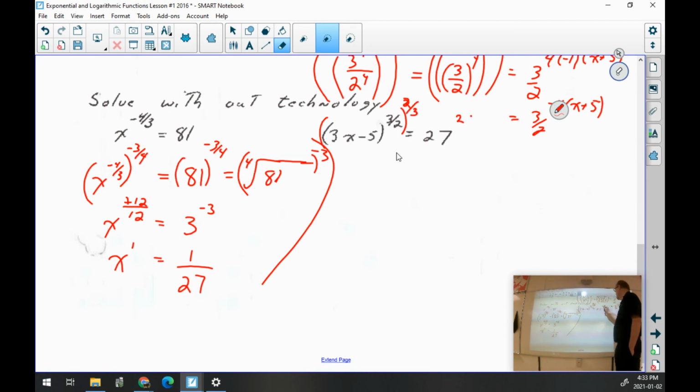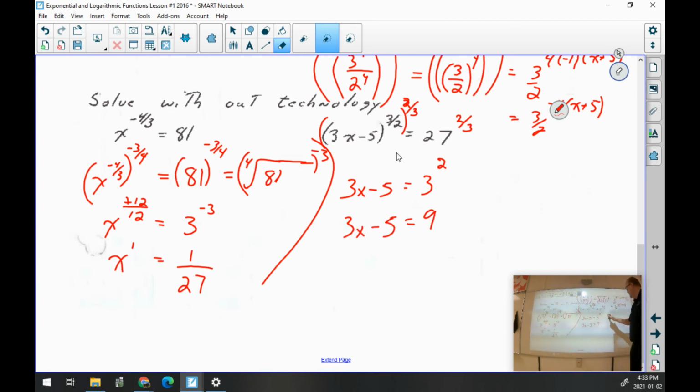What I do to one side, I must do to the other. So by raising it to the reciprocal, we're going to get 3x minus 5 to the 1, which I'm not going to bother writing out. So the cube root of 27 is 3, squared. So we have 3x minus 5 is equal to 9.